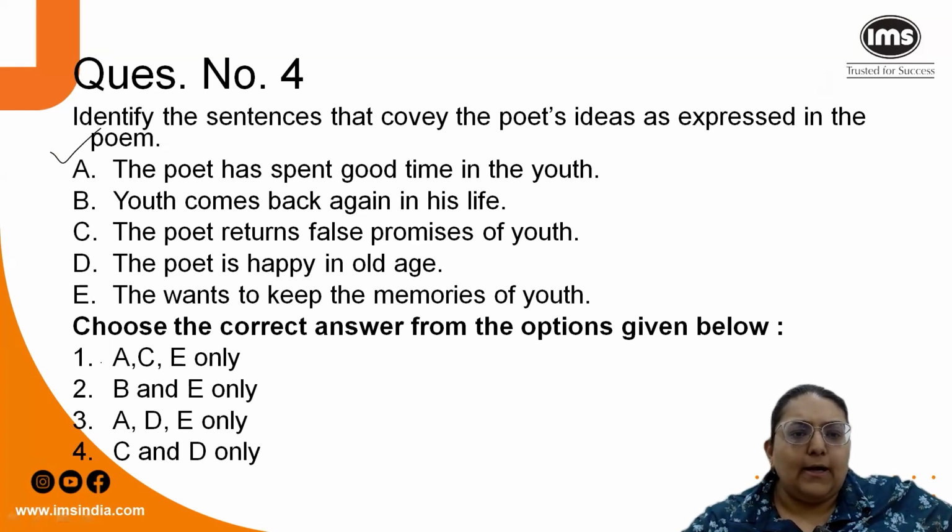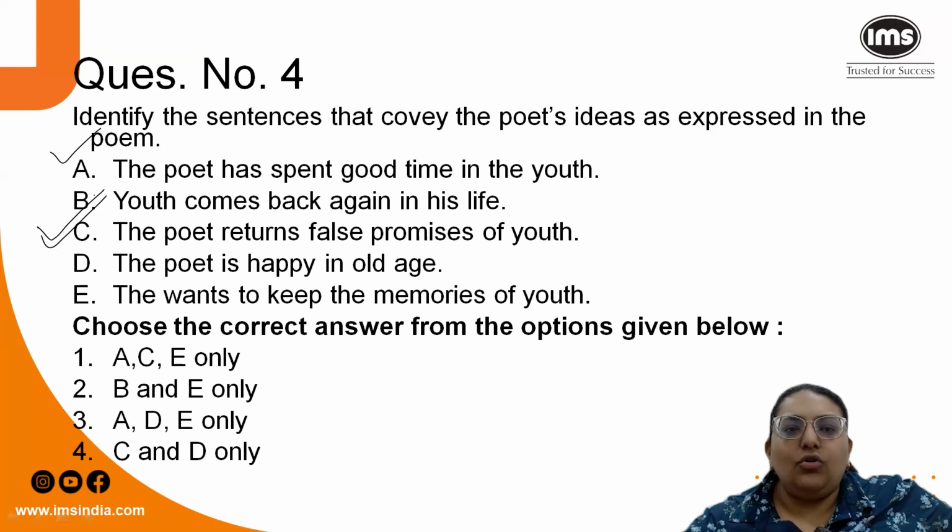The poet returns false promises of the youth. Okay. Yes, the poet talks about the false promises, because he is accusing the youth: you had falsely promised me, but now you are bidding me farewell, you are going away. So yes. And the poet is happy in old age.